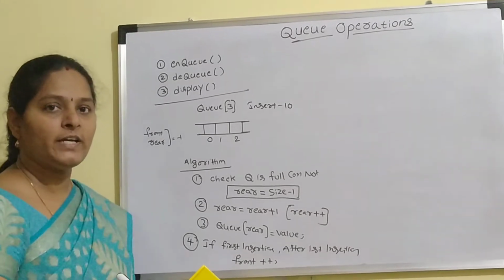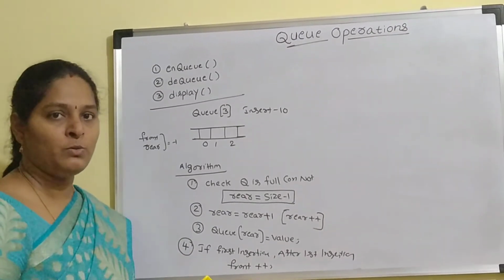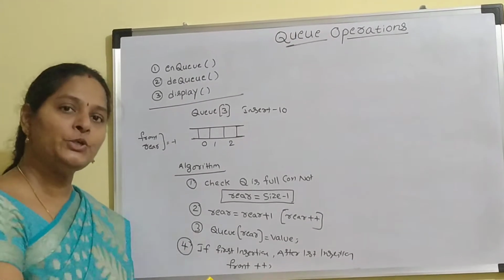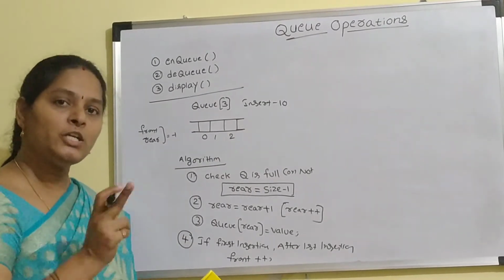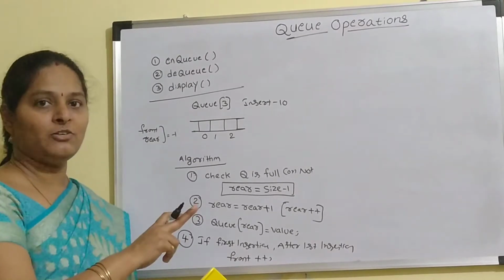That is the reason why after the first insertion your front pointer should not point to -1. When the front pointer points to -1, the queue does not have any elements. After the first insertion your queue contains one element, so it should not point to -1.